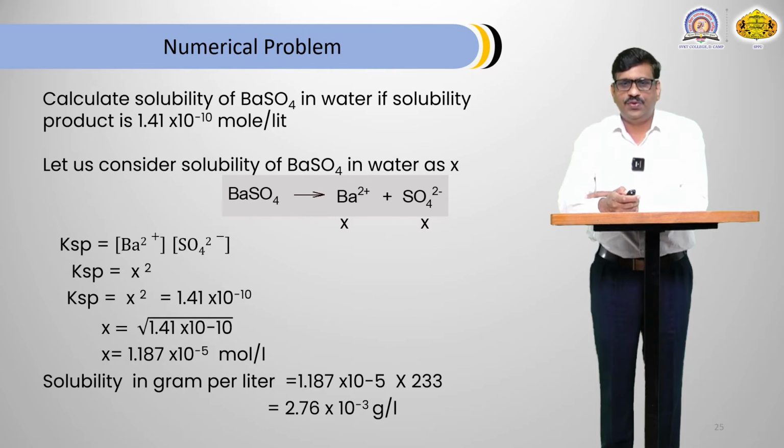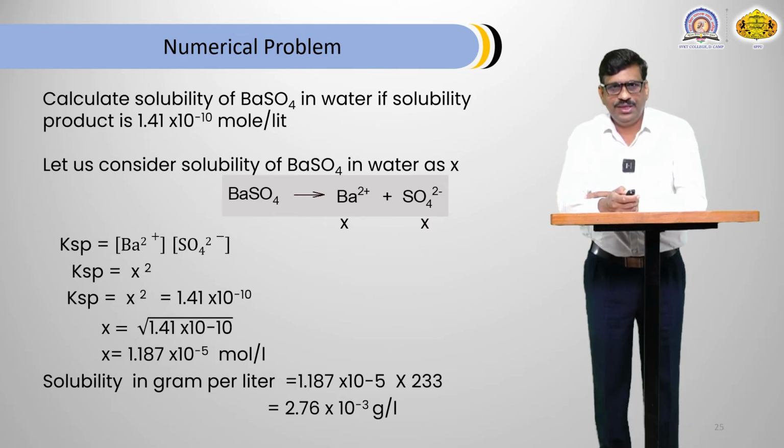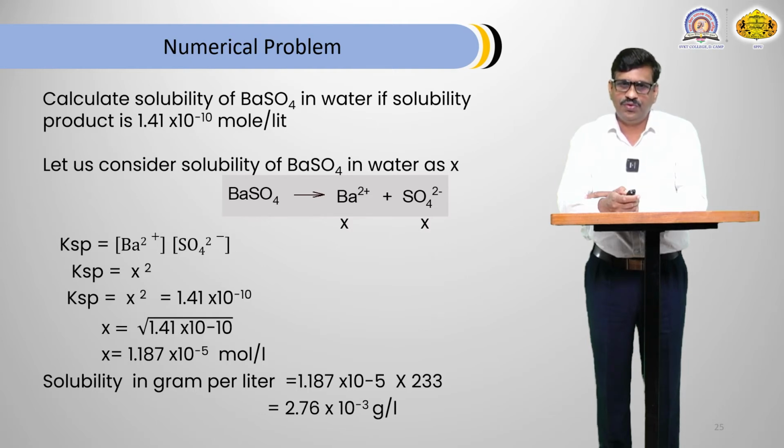We know that BaSO4 dissociates as Ba2 plus and SO4 2 minus. If solubility of BaSO4 in water is considered as X, then concentration of Ba2 plus is X, as well as concentration of SO4 2 minus is also X. Ksp of this barium sulfate is equal to concentration of Ba2 plus into concentration of SO4 2 minus.